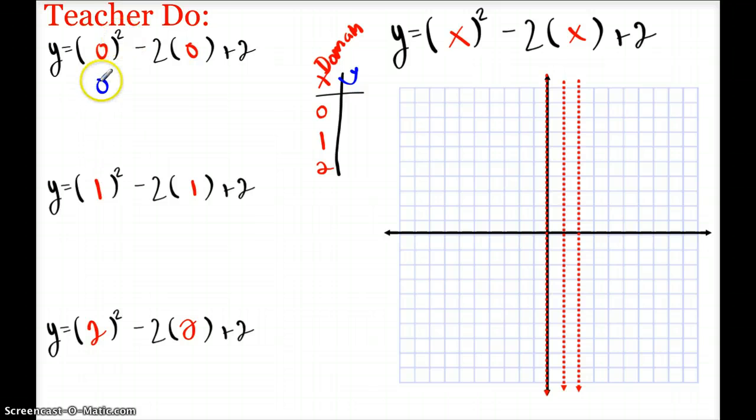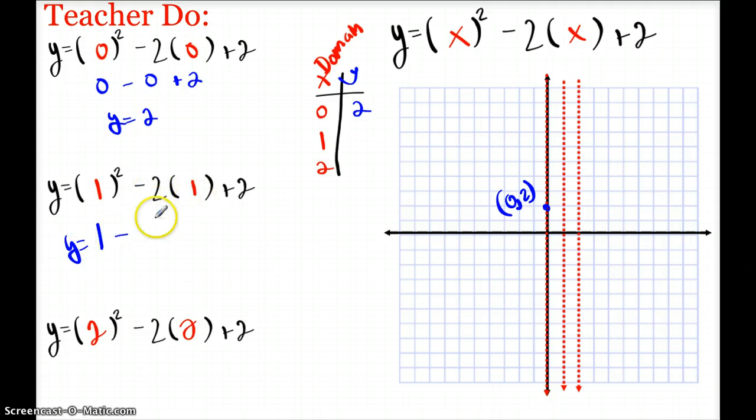0 squared, 0, 2 times 0, 0 plus 2, y equals 2. Here's 0, and I'm looking for 2, so 0, comma 2, check. 1 squared, 1, minus 2 times 1, which is 2 plus 2. Positive 2 and negative 2, they cancel.